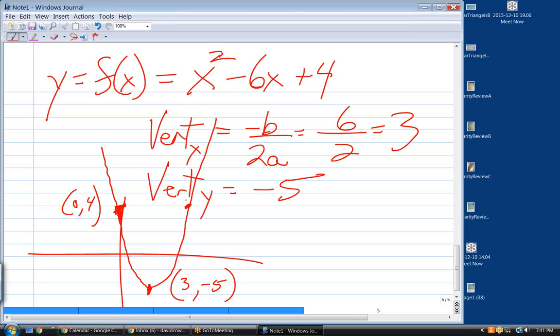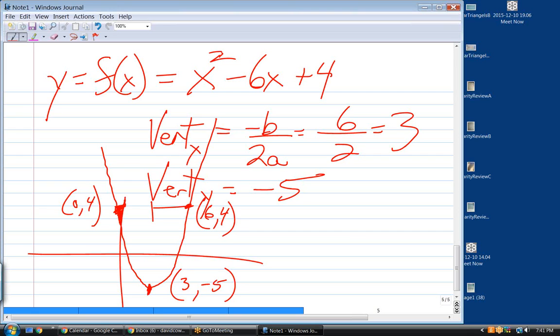So what I'm saying is the distance from here to here has got to be the same as the distance from there to there. Okay, I see that now. That's why it's 6, because this is 3. So I now have 3 points. That's all I need to graph a parabola.